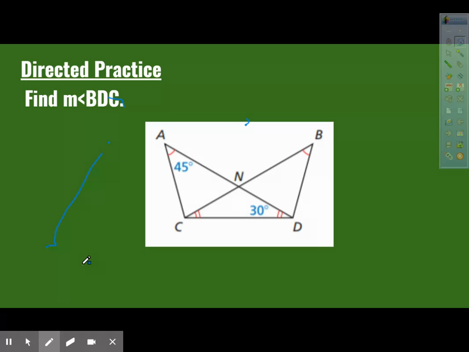And that's this angle here, this partial angle. And then how would I figure out the entire angle? 75 plus 30, and what do you get? 105. Okay, now figure out the measure of this angle. 105. Either way will work.